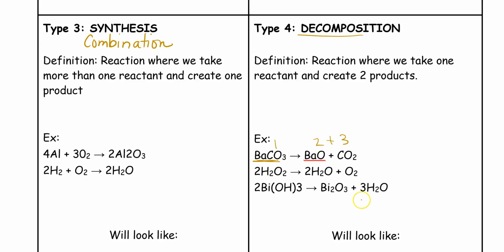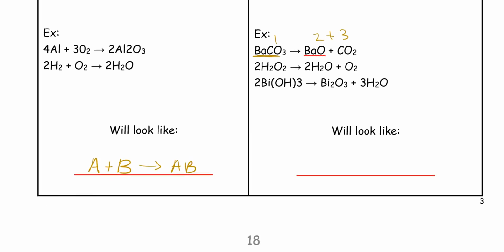So these are all considered decomposition reactions in which you have to look to see how many reactants you have versus how many products. This one will look very similar to a synthesis reaction, but basically it will be the opposite. So you end up starting with AB and you end up with A plus B. Okay?